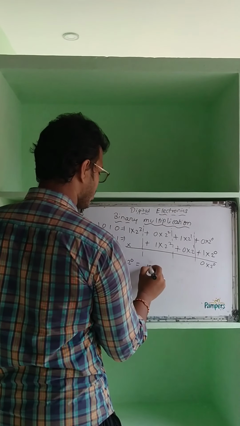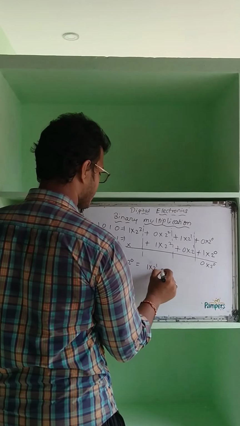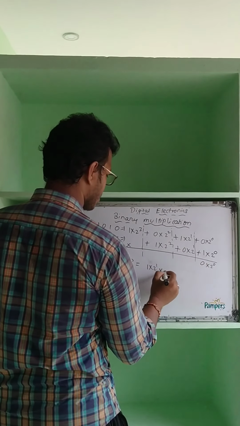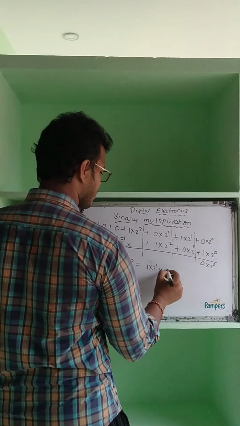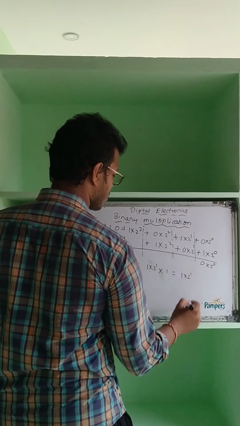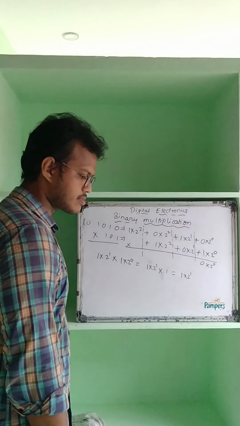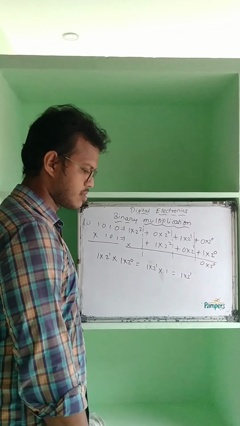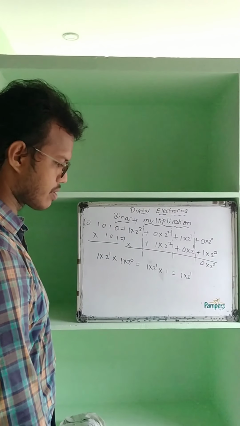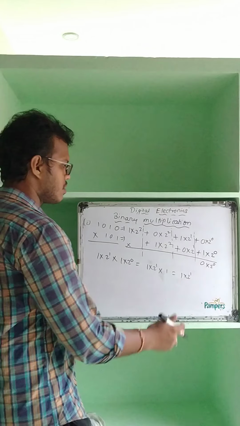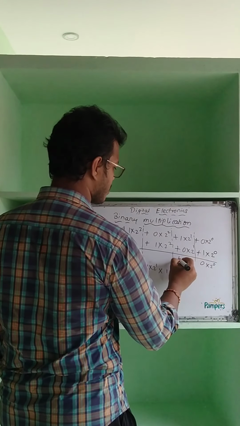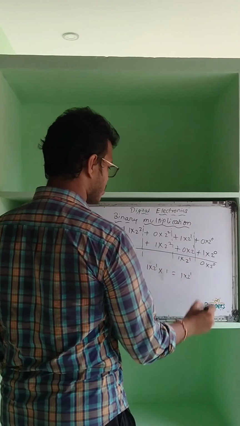Then the next one is 1 into 2 power of 2.